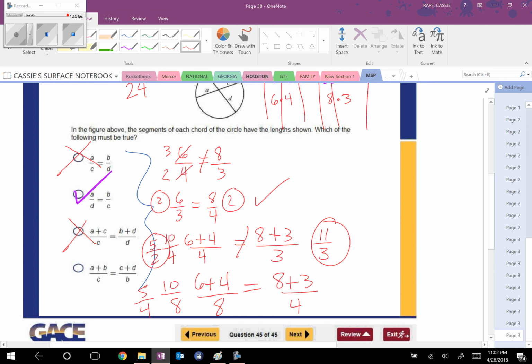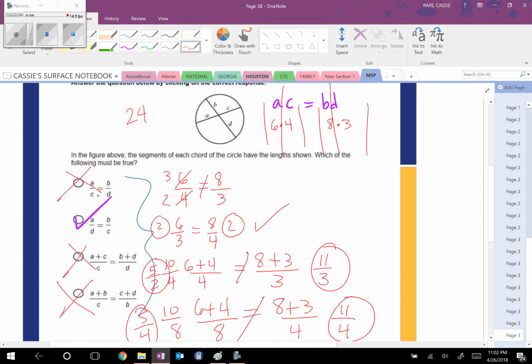No, it's not. They will not simplify to equal one another, so that's not the answer either. So even if you didn't know how to divide to try and get these, if you assign numbers to each of those and then follow through with all of these, you can actually see that B is the answer.